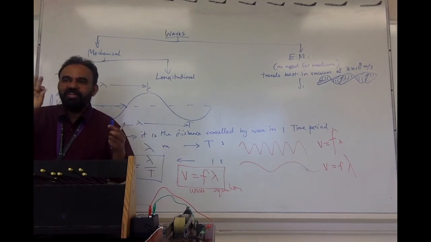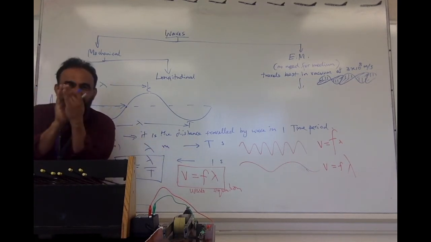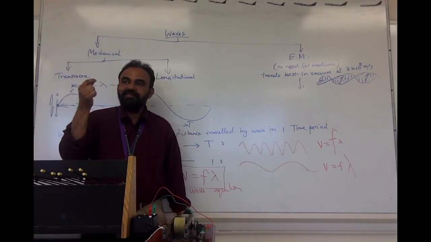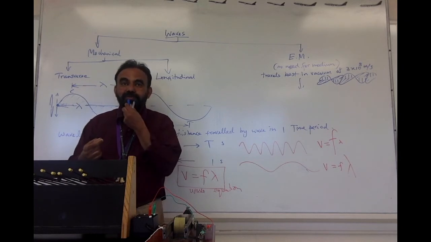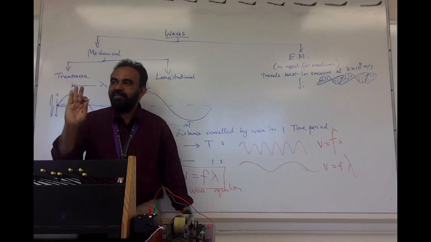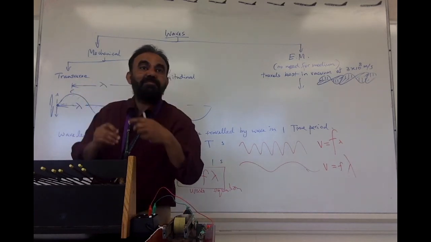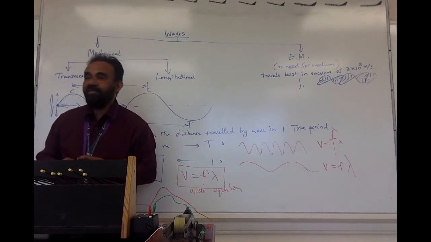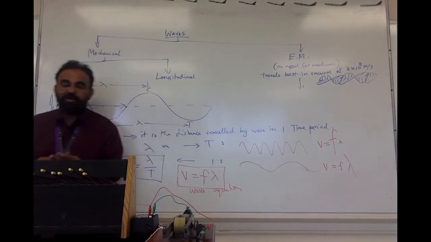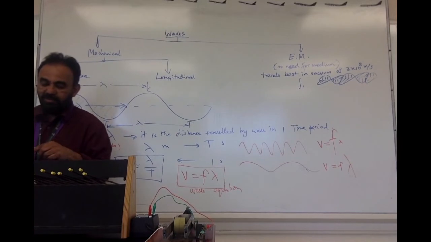So the compressions and expansions coming to your ears are close together because of the higher frequency, like this. You get it? Whereas this one is a low frequency. That means it's this type, where the compressions and expansions are further separated. But the speed is exactly the same. Speed of sound in this room is 340 meters per second. That's not going to change.